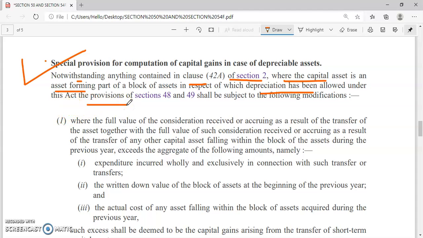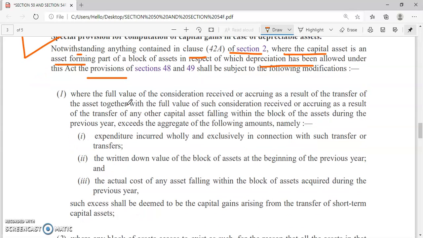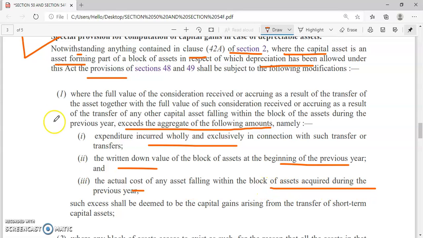then the provisions of sections 48 and 49 shall be applied subject to certain modifications. Here the full value of consideration accruing as a result of a transfer within the block of asset during the previous year exceeds the aggregate of the following amounts: expenses incurred in connection with the transfer, WDV at the beginning of the year, and actual cost of asset acquired during the year.